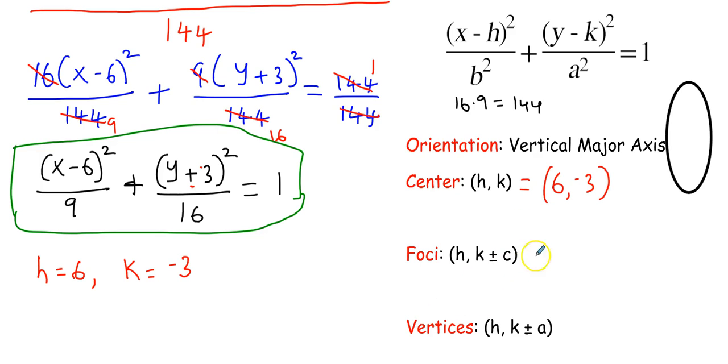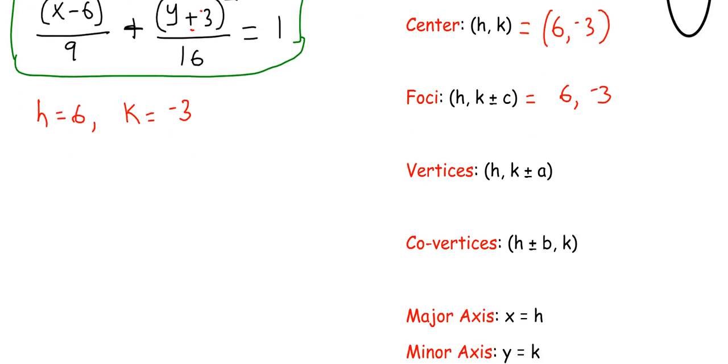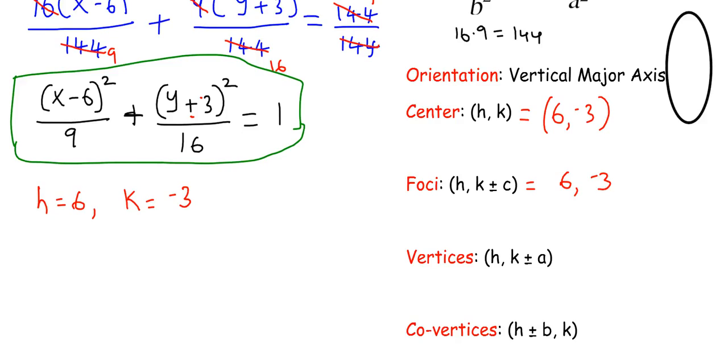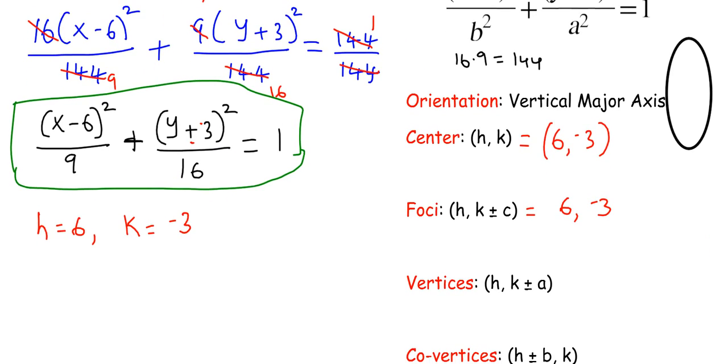Now, to get the focus, that is h, 6 comma k, what? Negative 3. And c value we don't have. So to find c, I have to make use of this formula, a square minus b square. Where is my a?